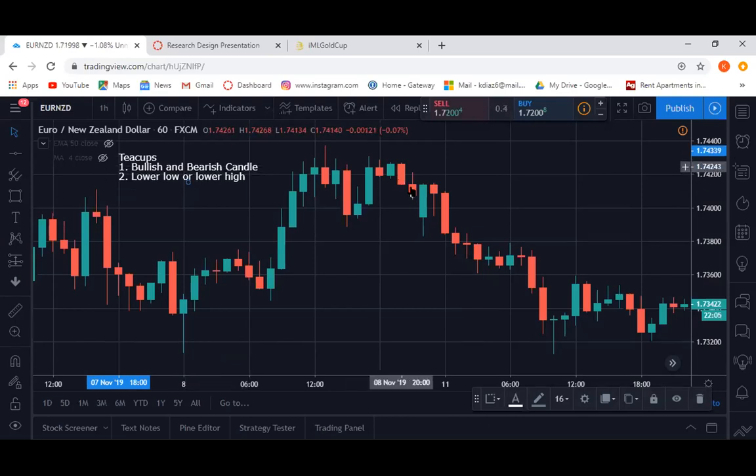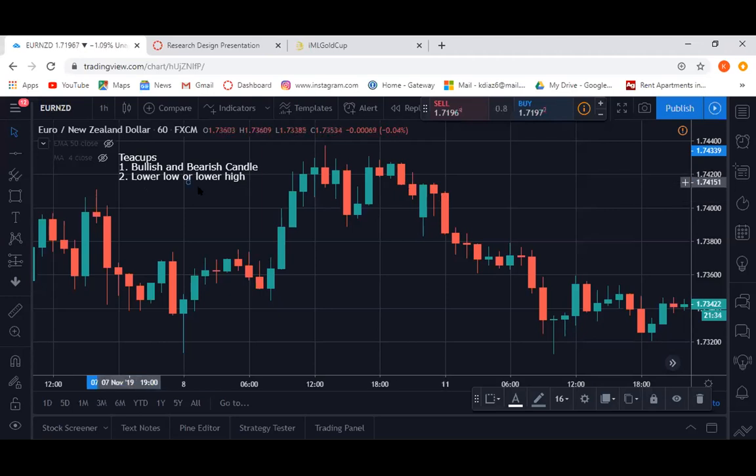So right here we have a lower low. But what I mean by lower high is this can be another bearish candle. It just has to be lower than the first bullish candle. So here's our bullish candle and then our bearish candle, and then we have another lower low, which is another bearish candle. So to keep it even simpler, just look for the pattern blue, red, red.